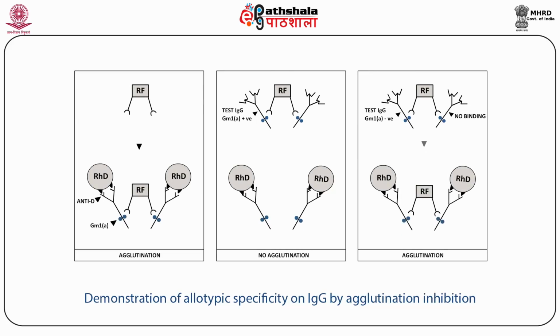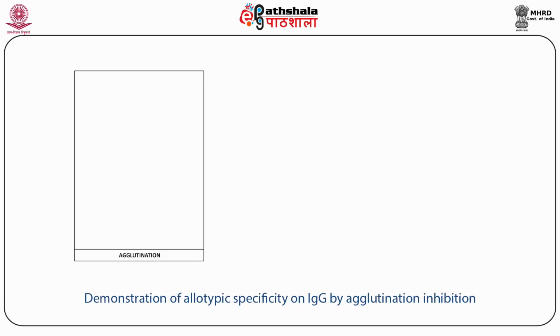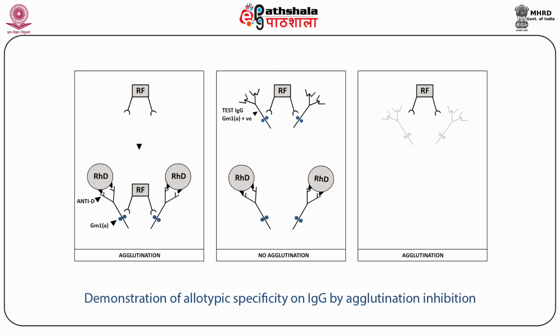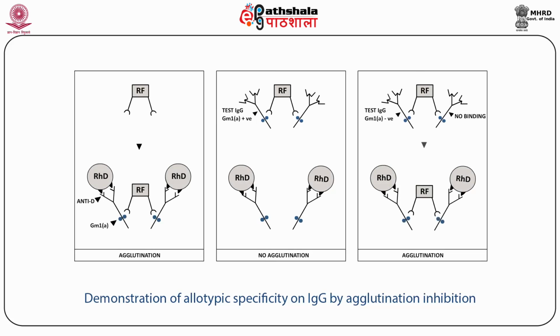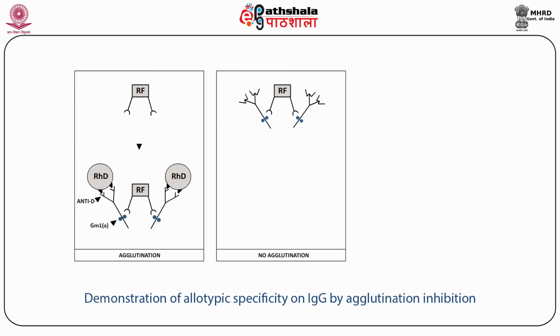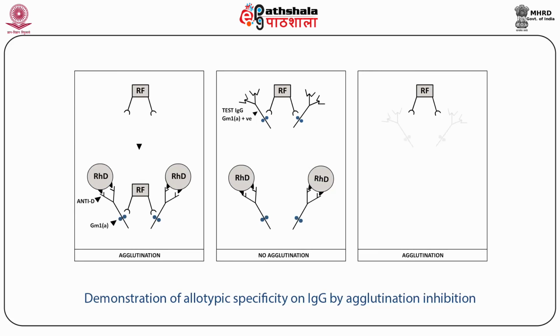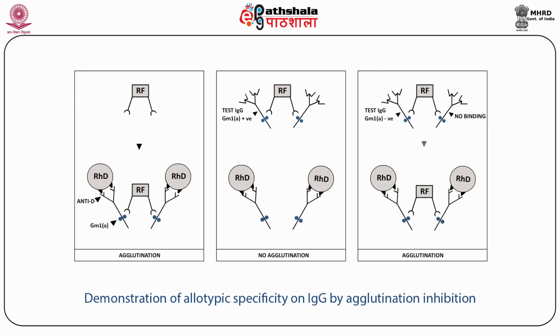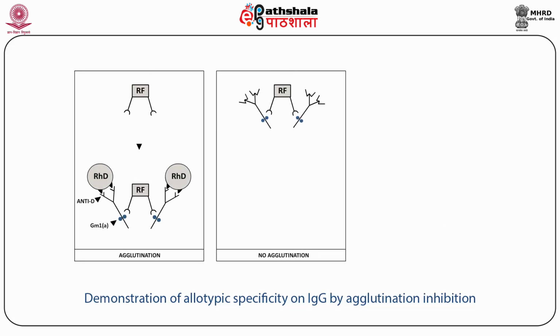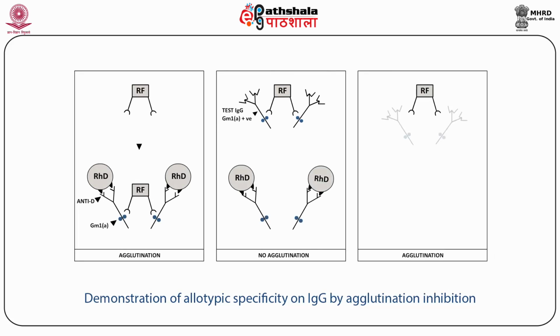The test sera are evaluated for the presence of the allotype by their capacity to inhibit this agglutination. The allotypes are inherited in a Mendelian fashion. The individuals may be homozygous or heterozygous. The alleles are expressed co-dominantly, so a fraction of the Ig of an animal may have one allotype marker and the rest of the fraction may have another.